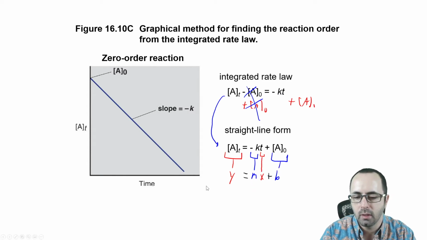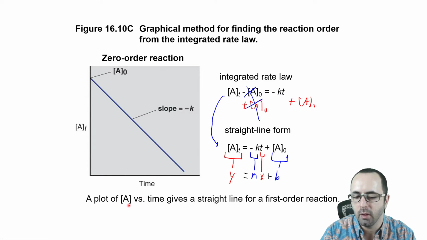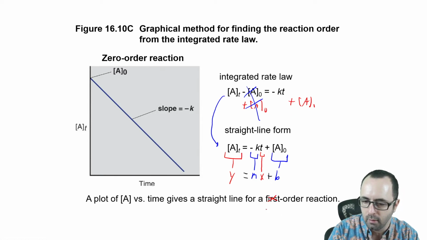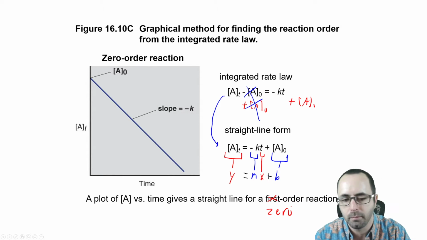And so if a plot of the concentration versus time gives you a straight line, then you have a zero order reaction. Whoops, this should say zero order. I need to fix that. Zero order reaction.